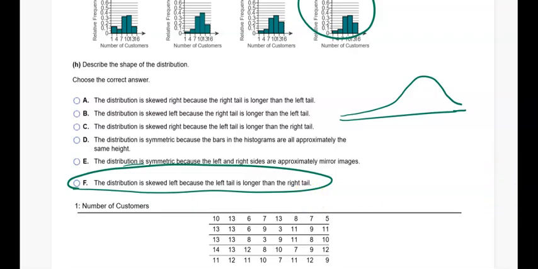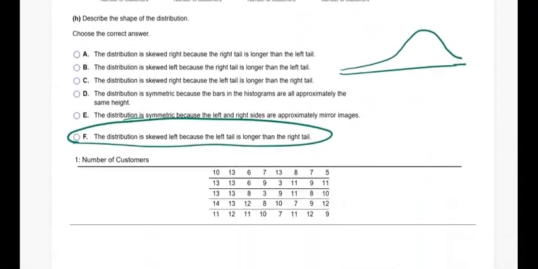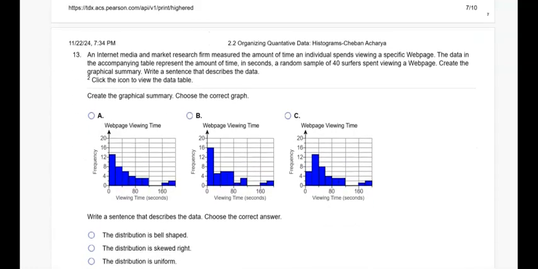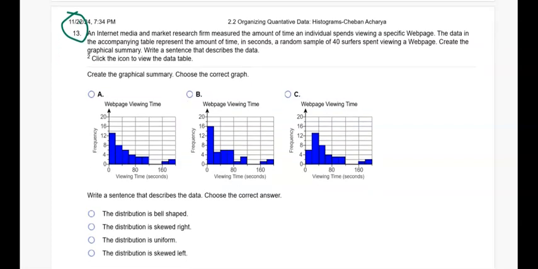That's question number 13. The Internet Media Market Research Firm measured the amount of time individuals spend viewing a specific web page. Okay, that's the time given, how long they spend viewing a specific web page.